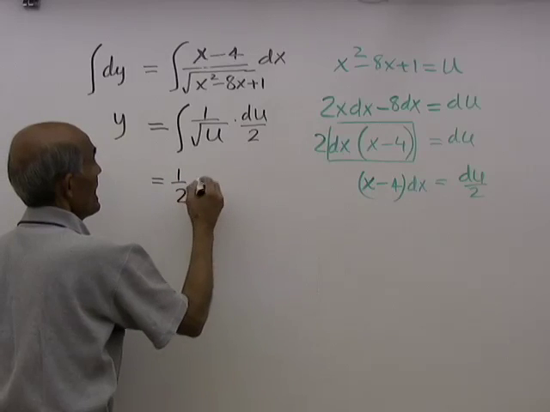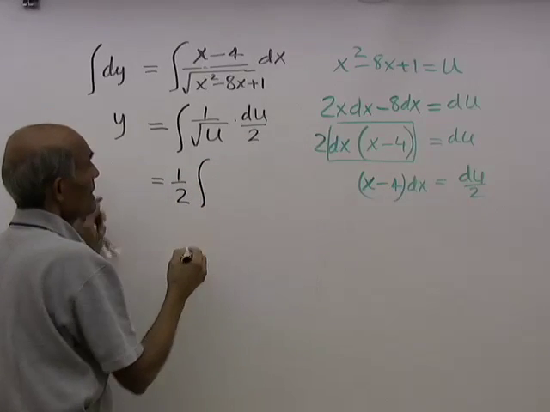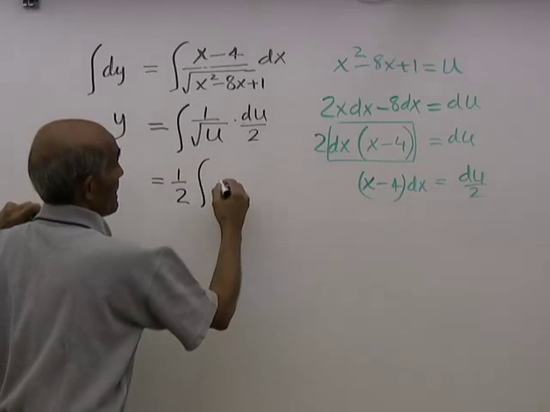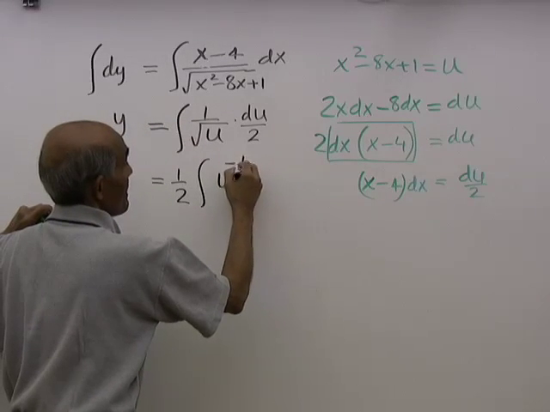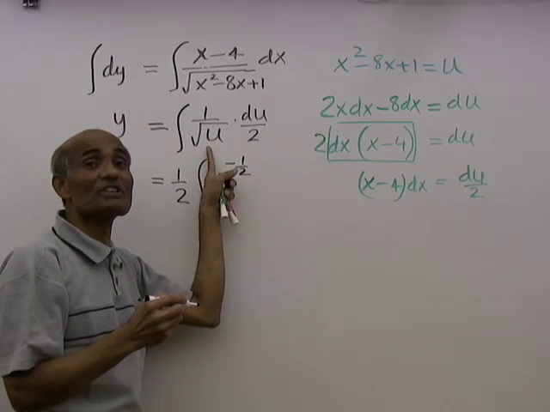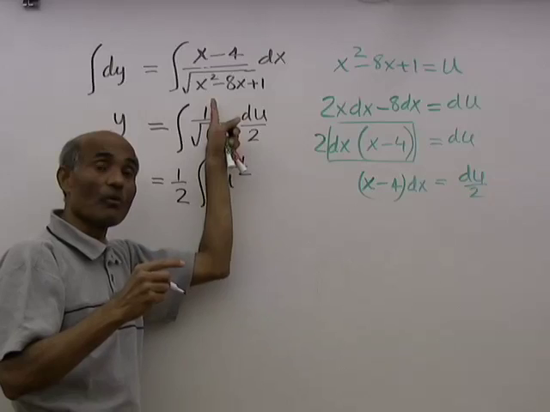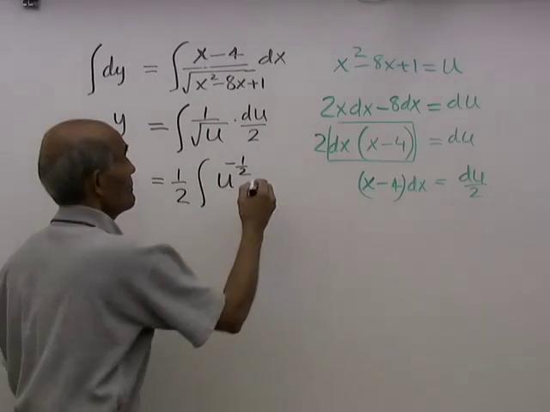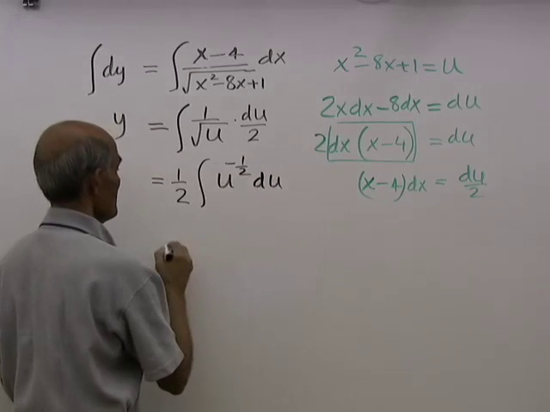That will be 1/2 integral. We have 1 over square root u. Well, that will be u to the power of negative 1/2, isn't it? Square root u is u to the power of 1/2. 1 over u to the power of 1/2 is u to the power of negative 1/2, du.